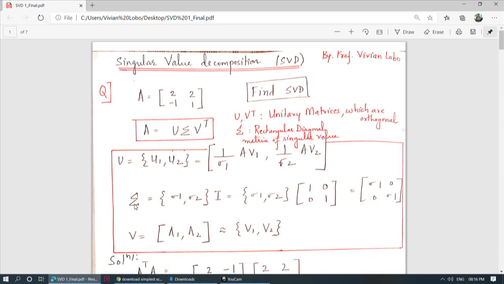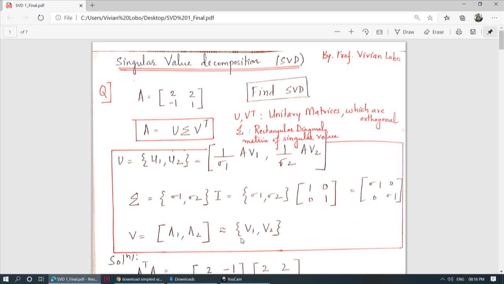The diagonal matrix of singular values: whatever singular values you get, you multiply them with an identity matrix, and that will give you the rectangular diagonal matrix. And V is another unitary matrix which is orthogonal, where we have to find the eigenvectors, denoted by this particular symbol, nothing but V1 and V2.